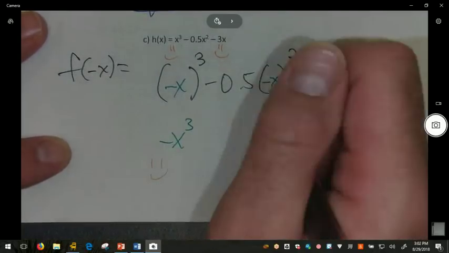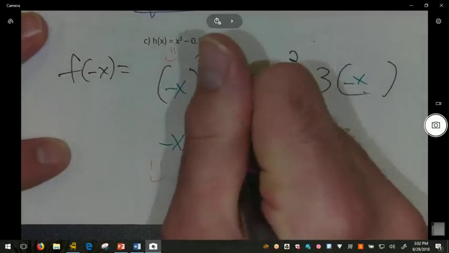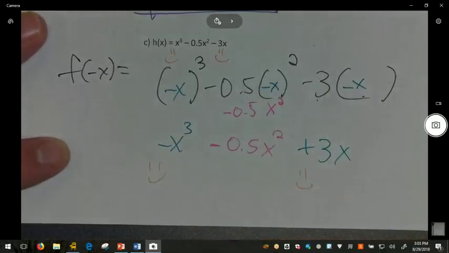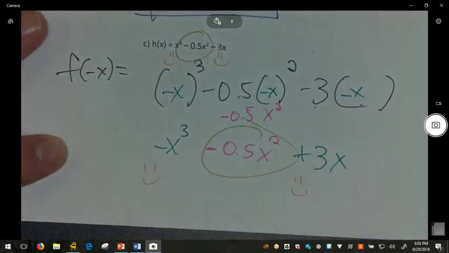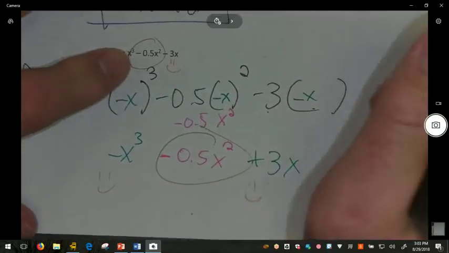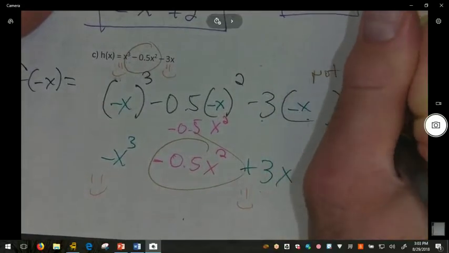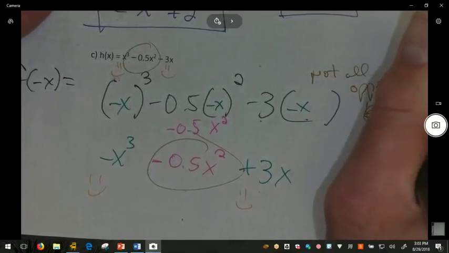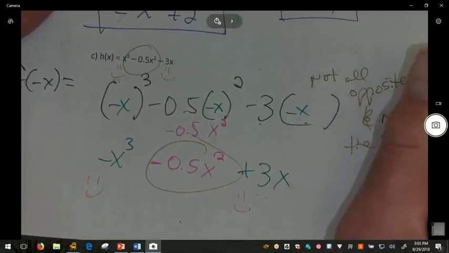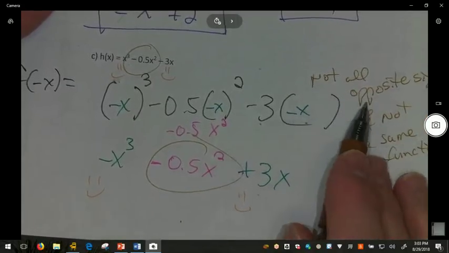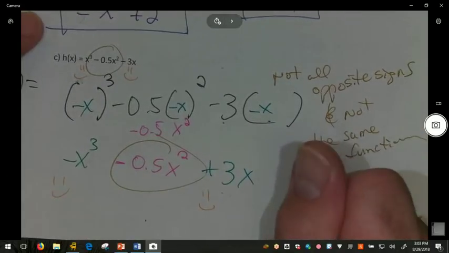But when I square this, it becomes positive x squared, and this stays negative 0.5 x squared, or negative 1/2 x squared. That right there is the problem. Because while the others are opposites, these ones are not opposites. So not all opposite signs, and not the same function. Since it's not the same function, it isn't even, and since there are not all opposite signs, it's not odd, it's neither.